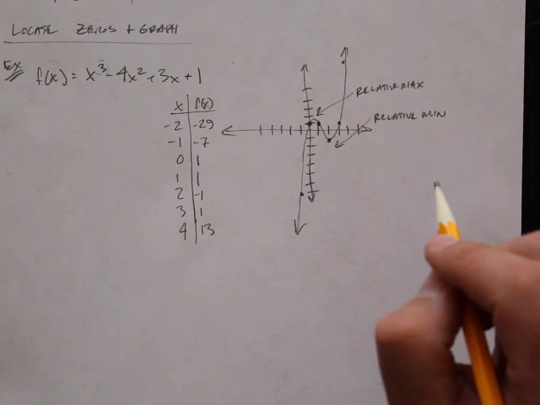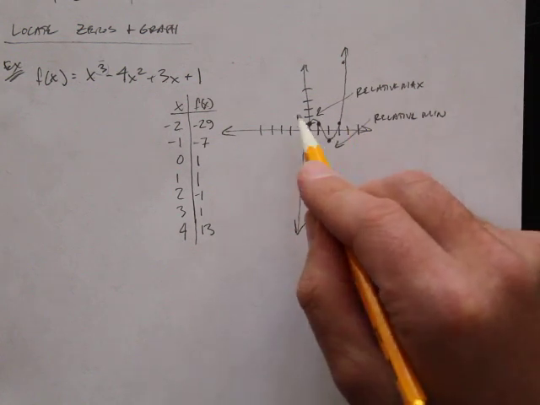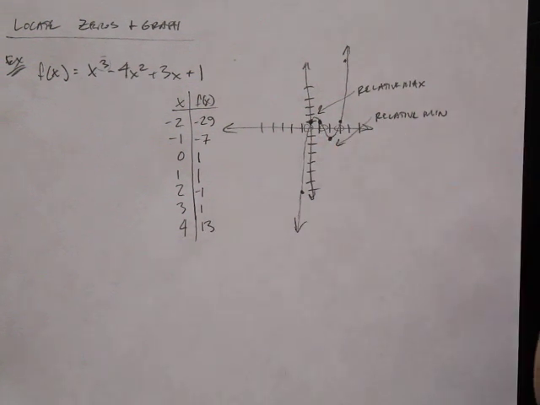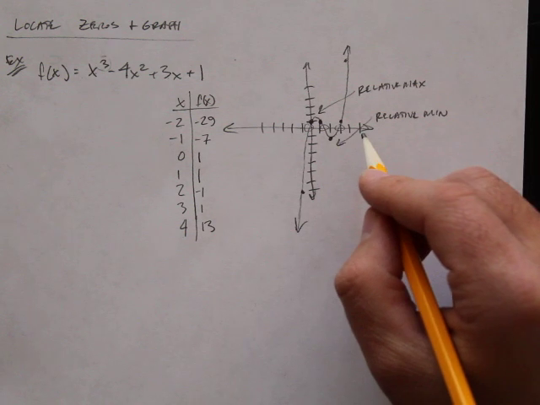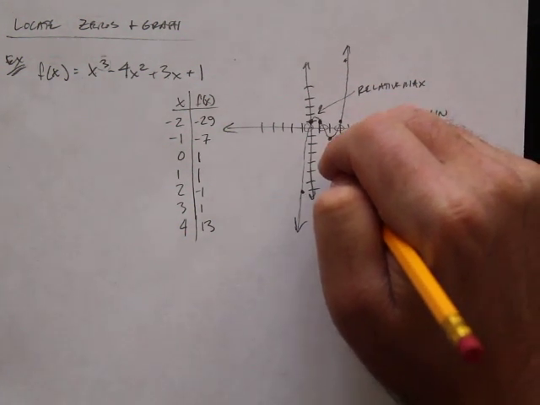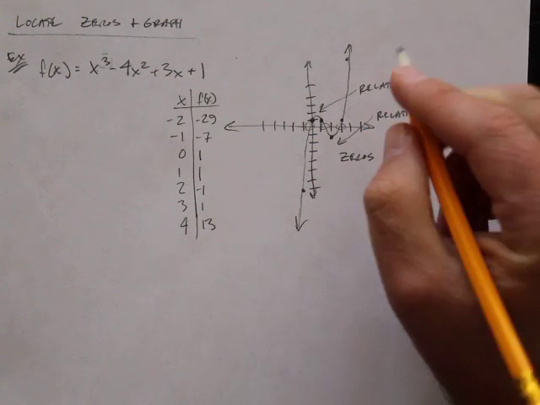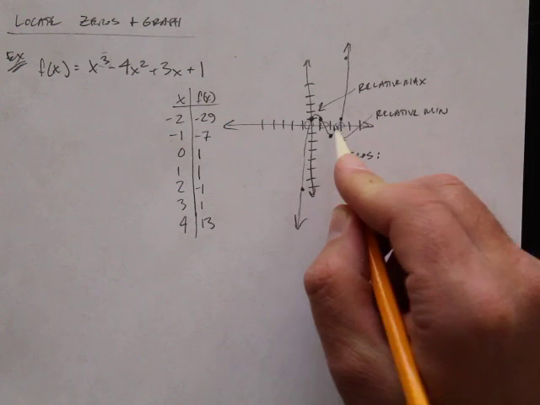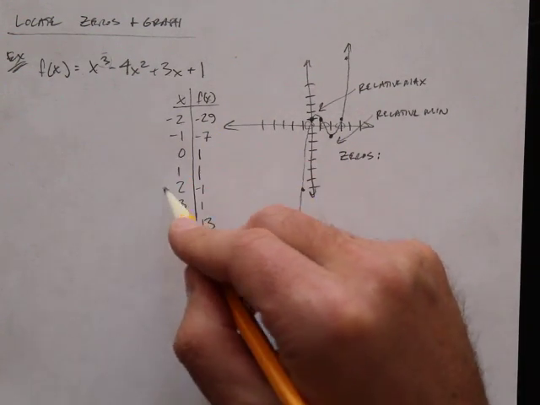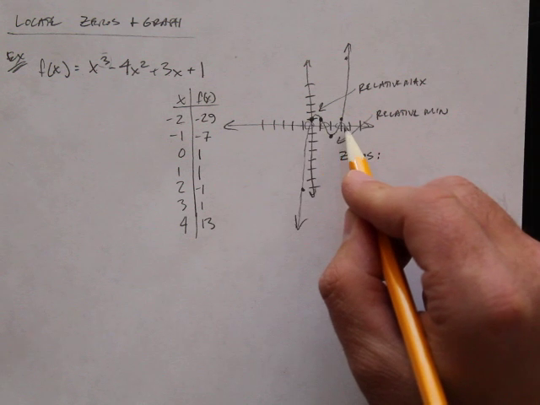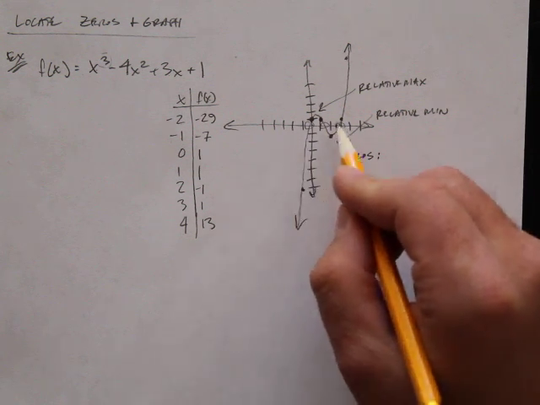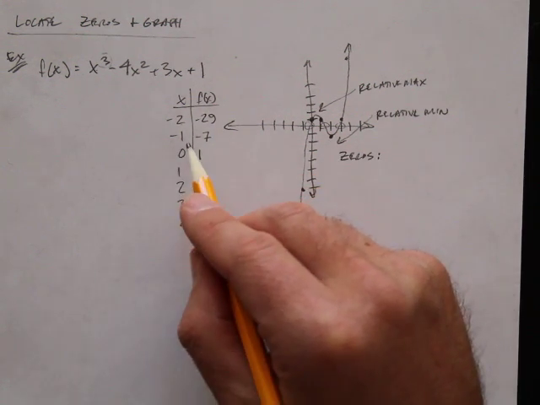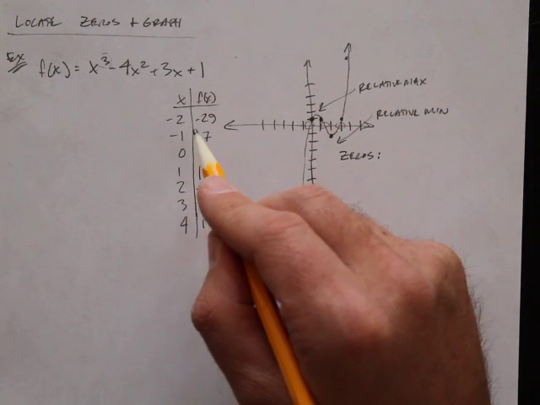Now, we have the graph, and the polynomial crosses the x-axis 1, 2, 3 times. So let's find these zeros. Let's look at our t-table and see. This one I did draw better than the last one, but let's look at our t-table.